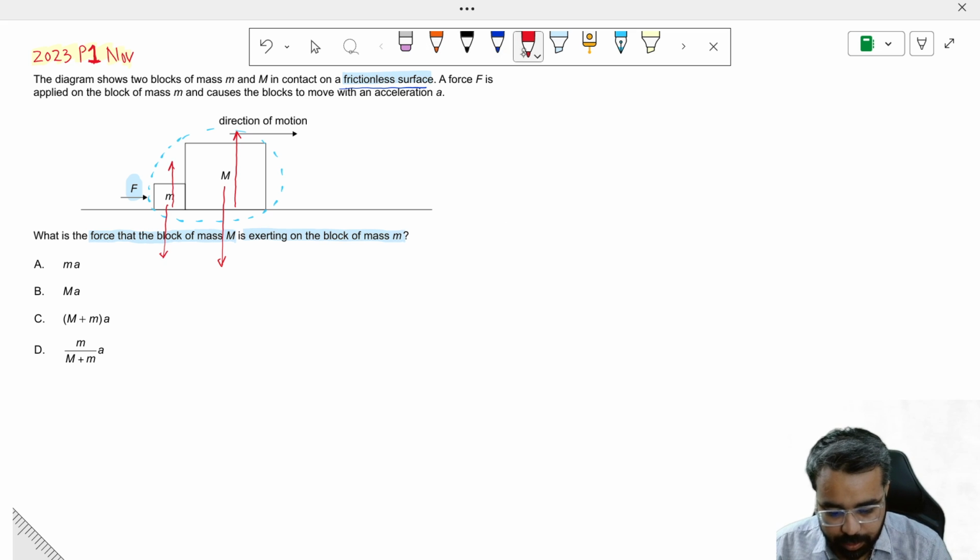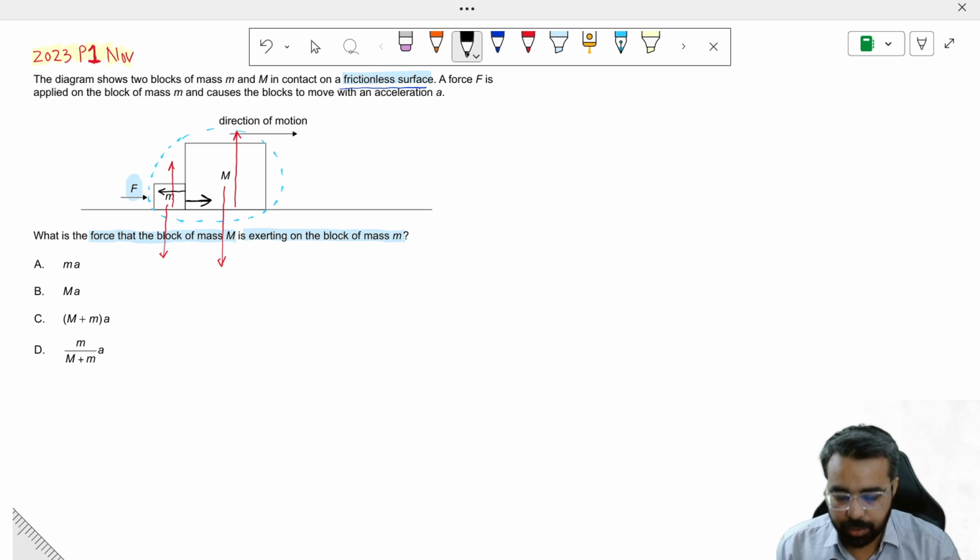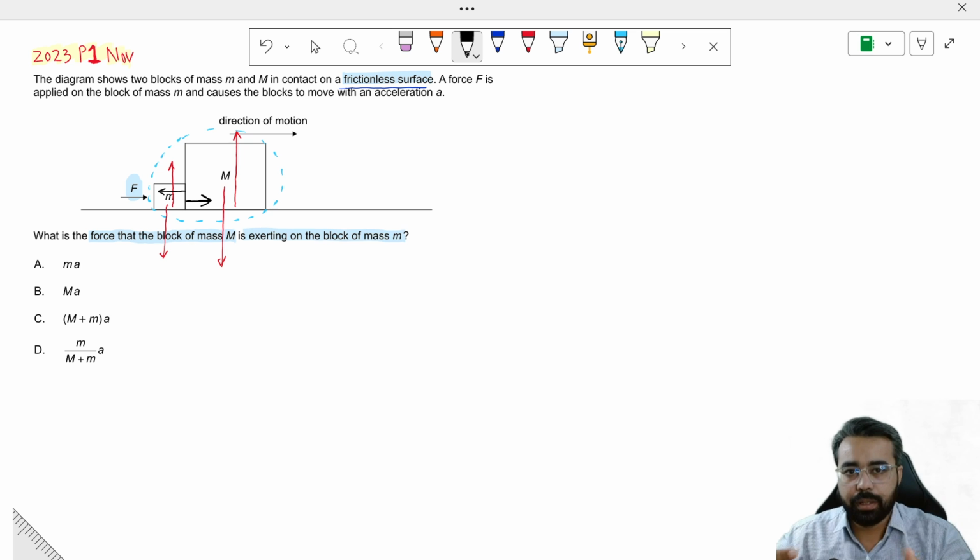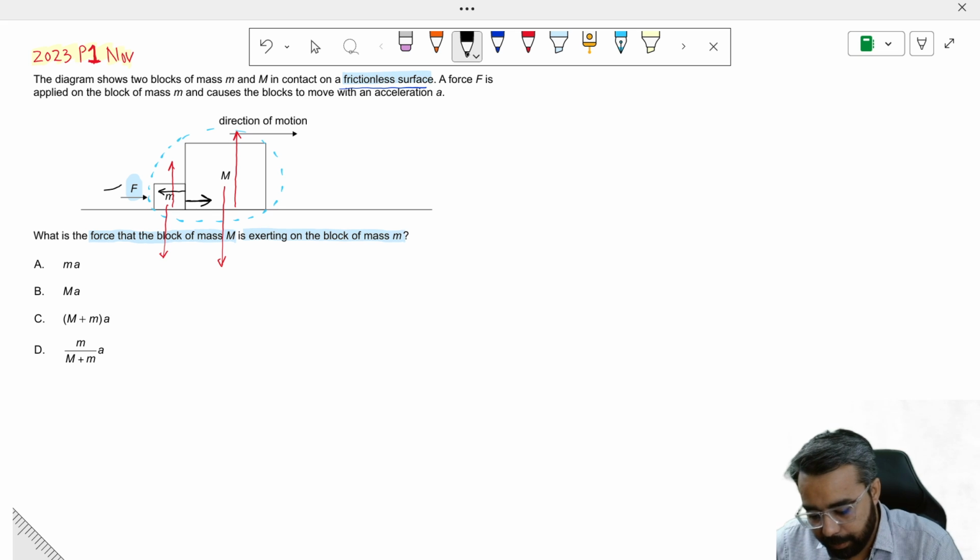And the other two forces are the force exerted by the smaller block on the larger mass, and the force exerted by the larger block on the smaller mass. These are the forces which are balancing each other. Overall, they cancel out, and I can say this is the only force which is accelerating the whole system.